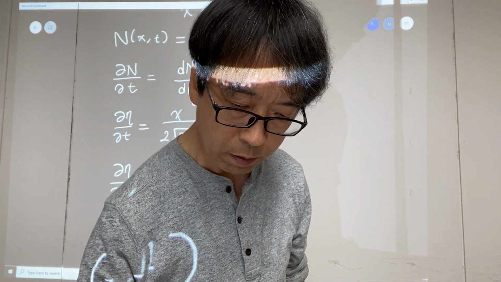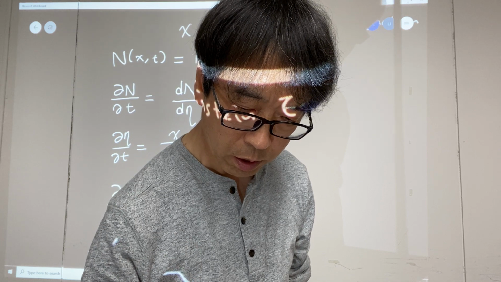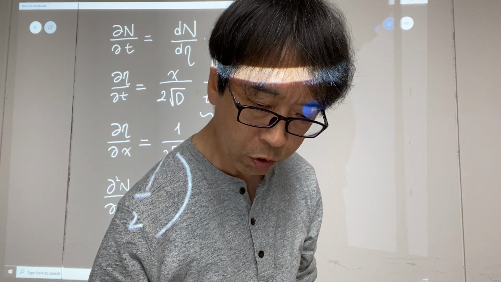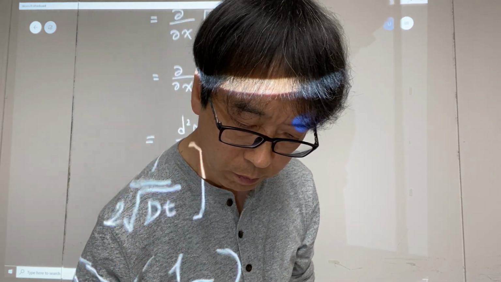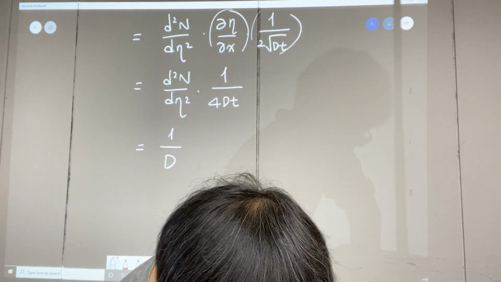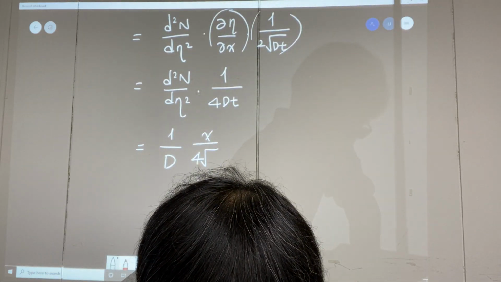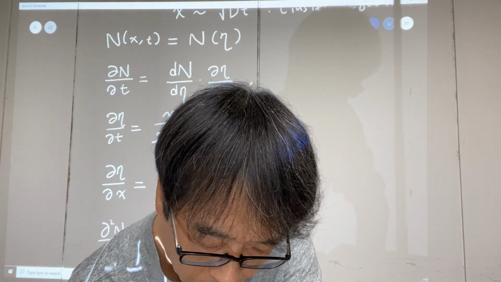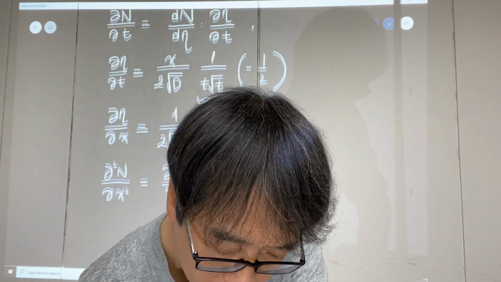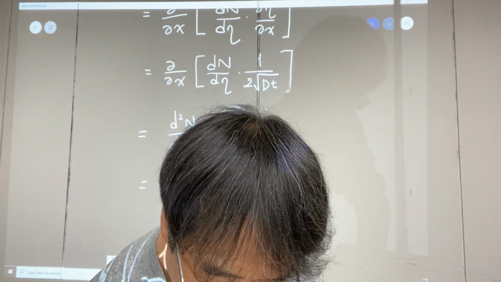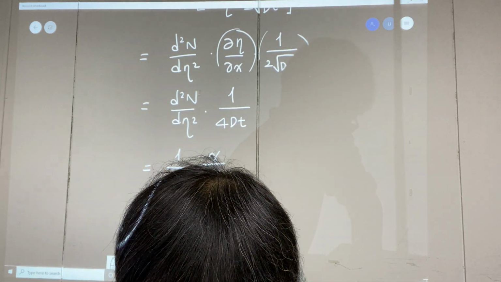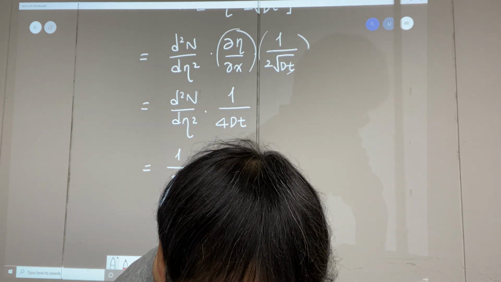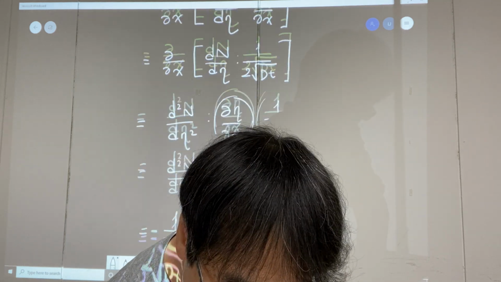So it'll be x over 4 square root d, times 1 over t square root t, and minus was there, remember?